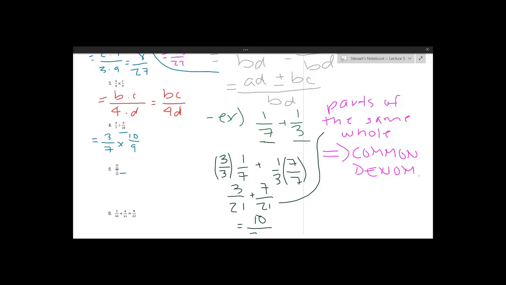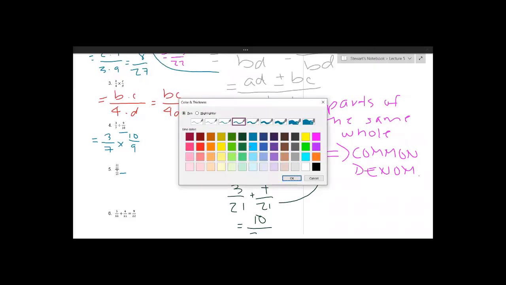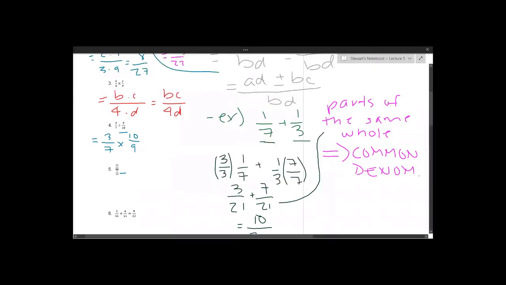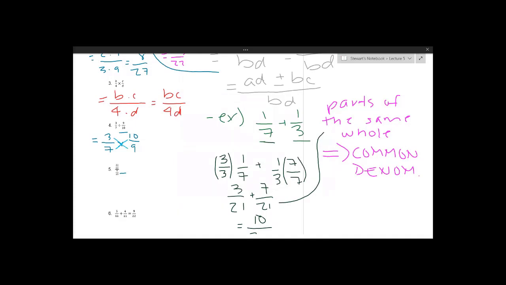We can check for cross-canceling, anything that'll cross-cancel here to make the end easier. 10 and 7 don't share anything, but 3 and 9 do. Namely, 9 can be divided by 3, and 3 can also be divided by 3. So when you do that, this becomes 1, and this becomes 3.